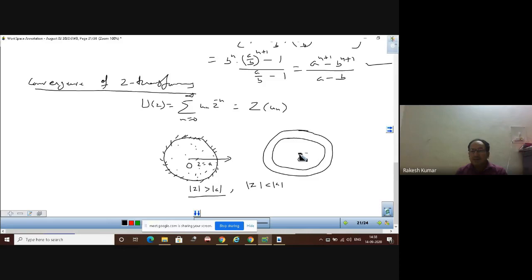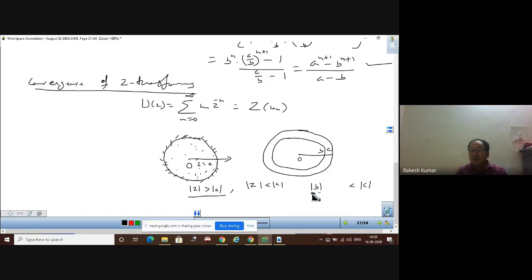So we can say that the bigger circle has radius c and the smaller circle has radius b. So the radius b is smaller than the radius c.